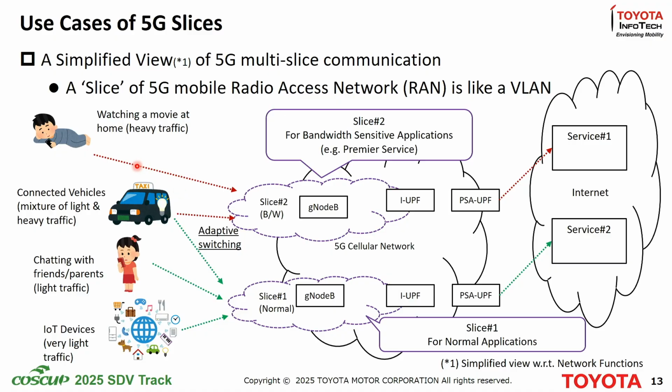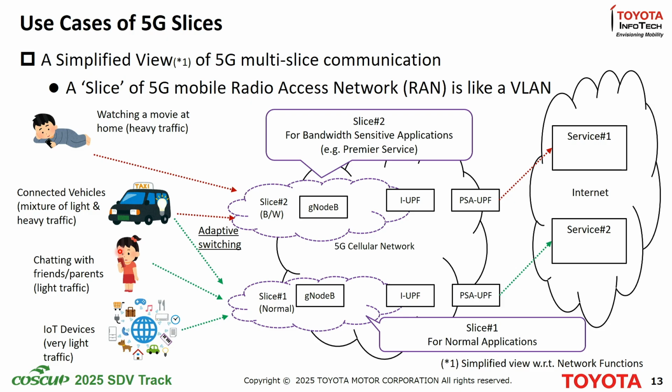But watching a movie, for example, at home requires bandwidth, and this requires heavy cellular network traffic. In the case of vehicles, sometimes we want to upload or download video data taken by the onboard video camera.